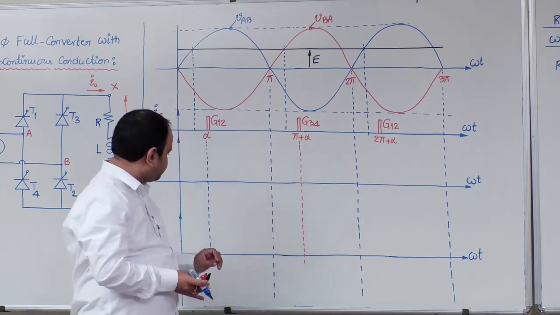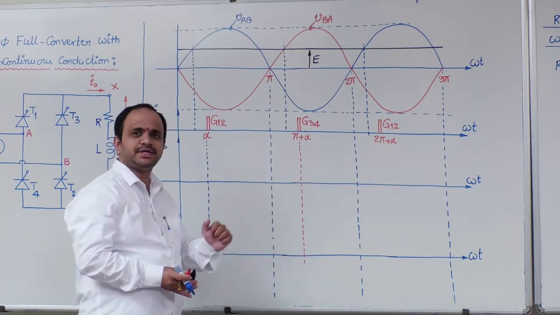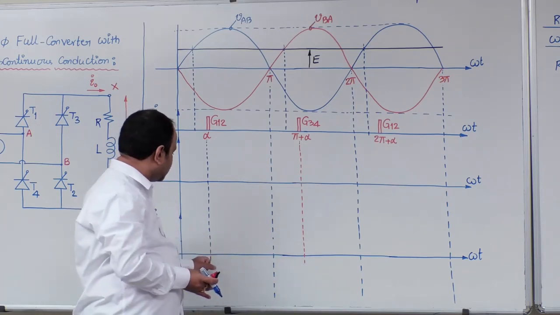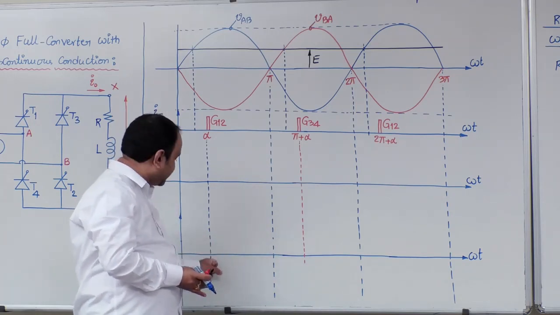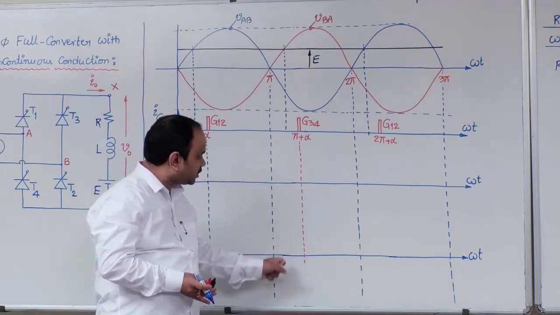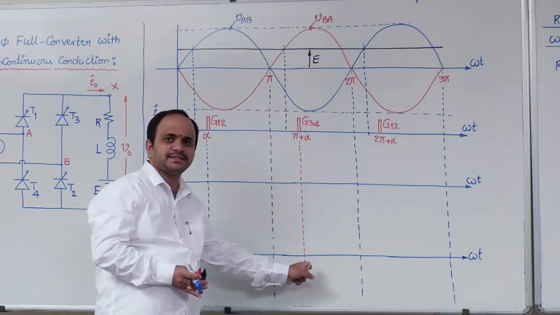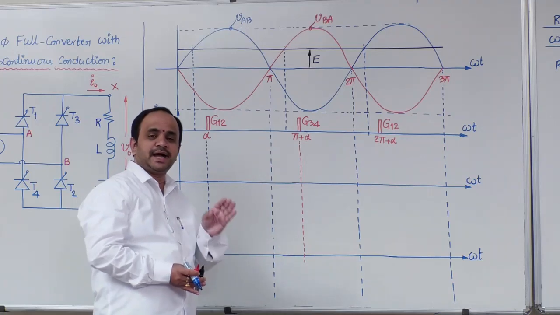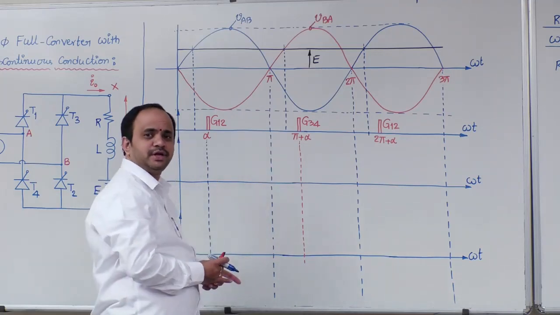But now due to insufficient load inductance, what is the concept? T1 T2 pair will trigger at alpha. This pair is going to turn off before the next pair starts conduction. In that way, there will be a discontinuity concept.